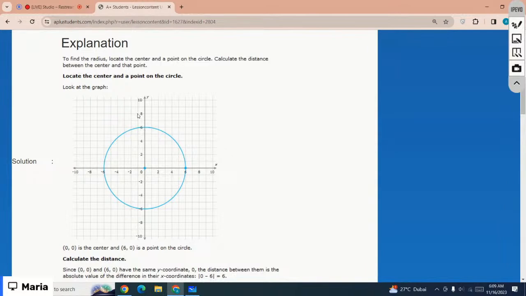They all are the same. So the center is 0, 0, and this point is 6, 0, right? That means the radius of the circle is 6. You can calculate the distance using the distance formula, but from 0 to 6, you have 6. So the radius of the circle is 6.